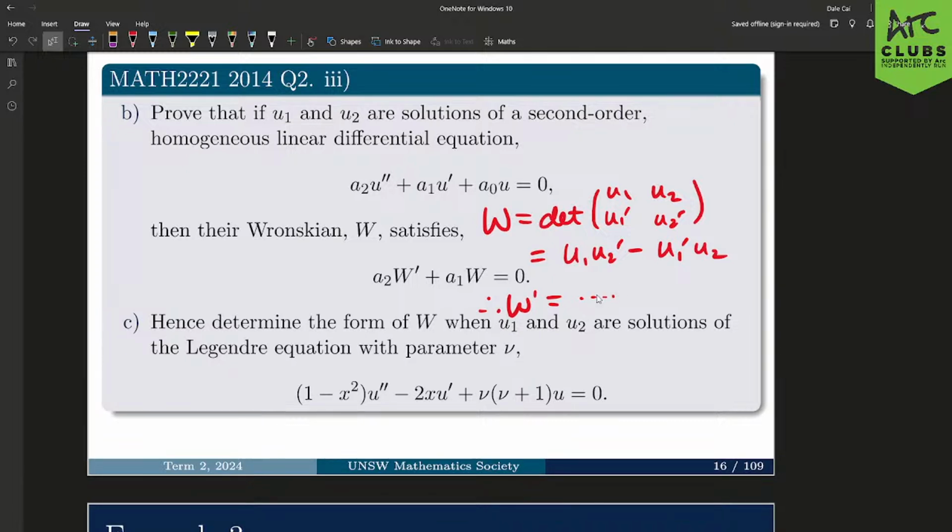It's a bit tedious, so I won't go through it, but I'm sure you're able to use product rule there. And then you're going to have a bunch of terms, and the way you're going to simplify it is you're going to notice that since U1 and U2 are solutions, they're going to satisfy A2 U1 double dash plus A1 U1 dash plus A0 U1 equals 0, and the same thing with U2.